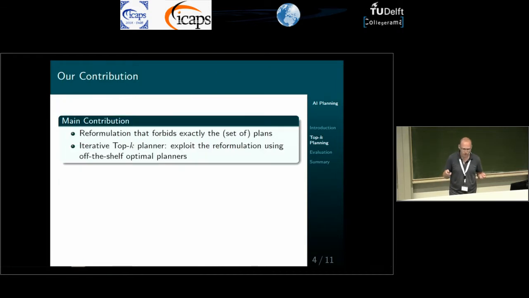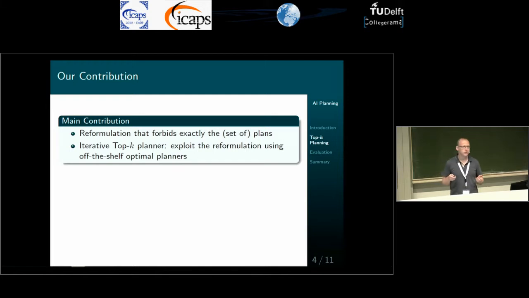So what we do here is we basically make one reformulation that results in a planning task that forbids one or a set of solutions.